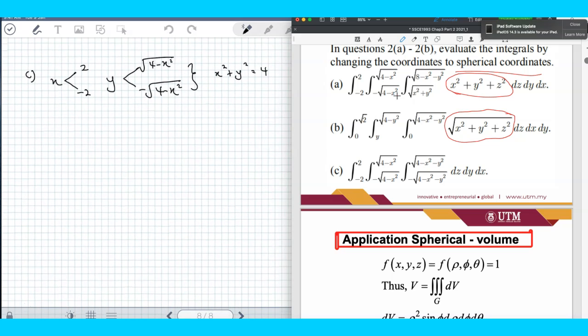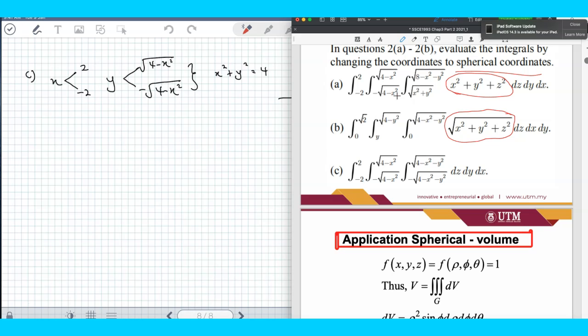So we have a circle, radius 2, centered at the origin on the xy plane. Okay, so now we want to know what is the area to be shaded. So we know that here we have x constant, so we have to provide the vertical line.